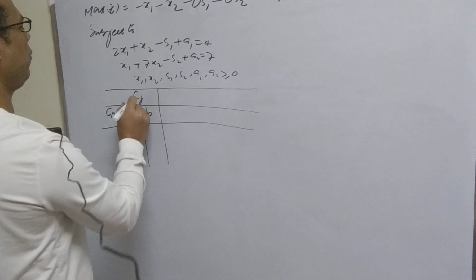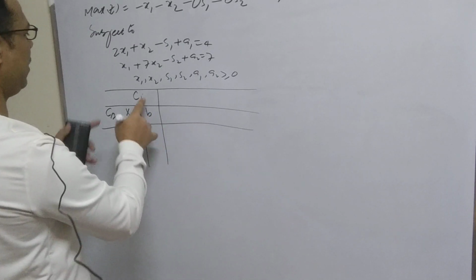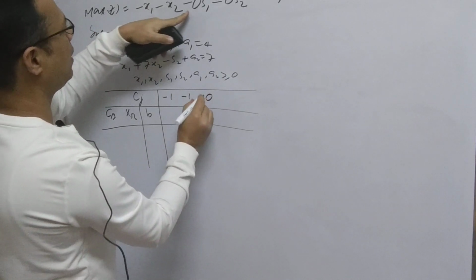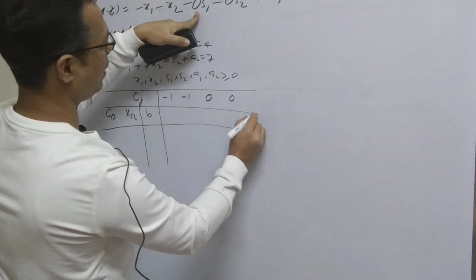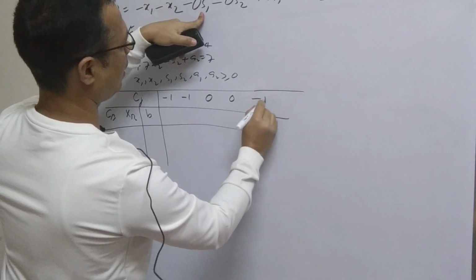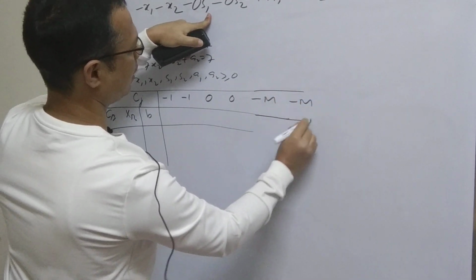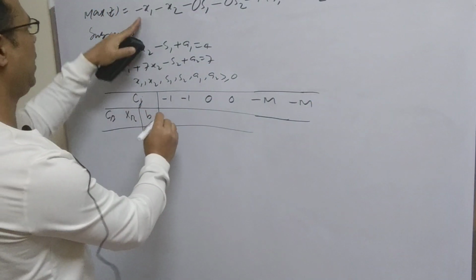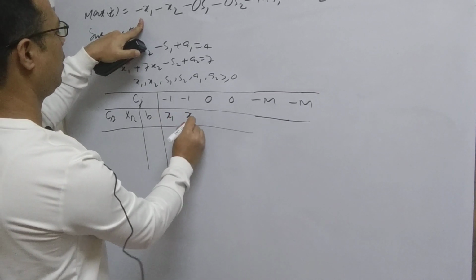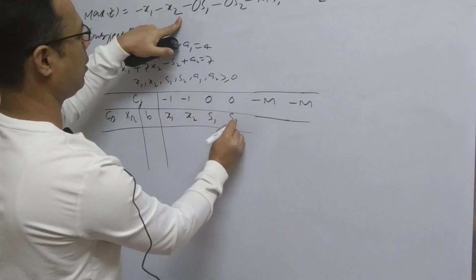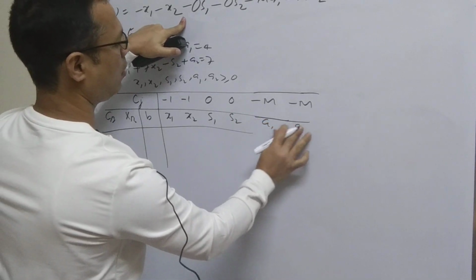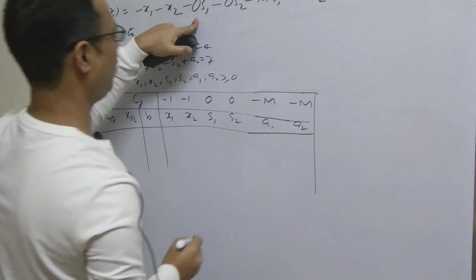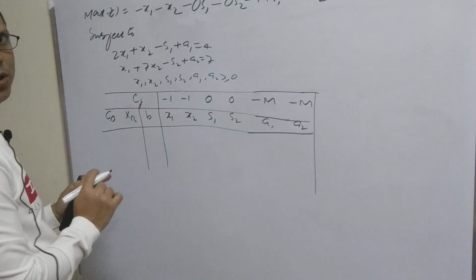Here Cj is the coefficient of the objective function: minus 1, minus 1, 0, 0, where the sign doesn't matter because 0 has the same meaning either way, then minus M and minus M. These are the coefficients of the respective variables x1, x2, s1, s2, a1, a2. Very simple to put the values into the table.